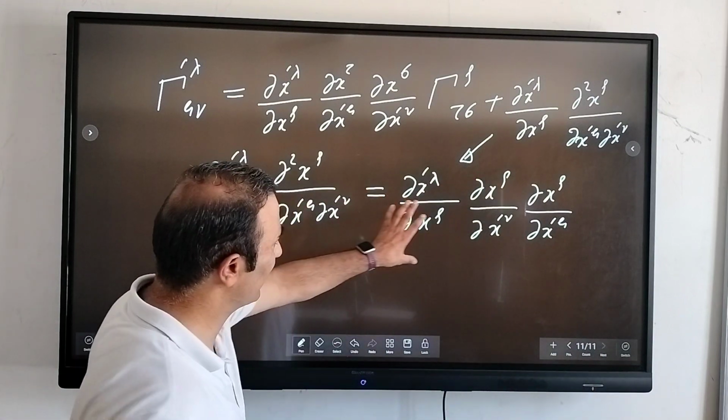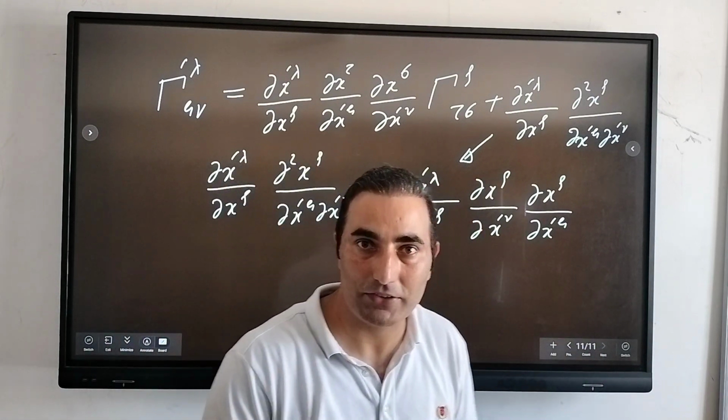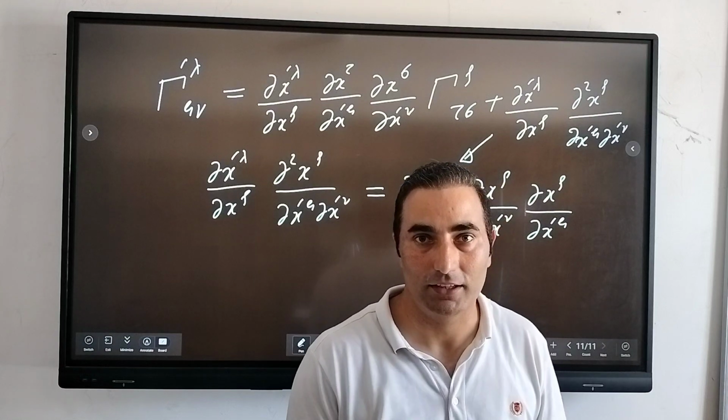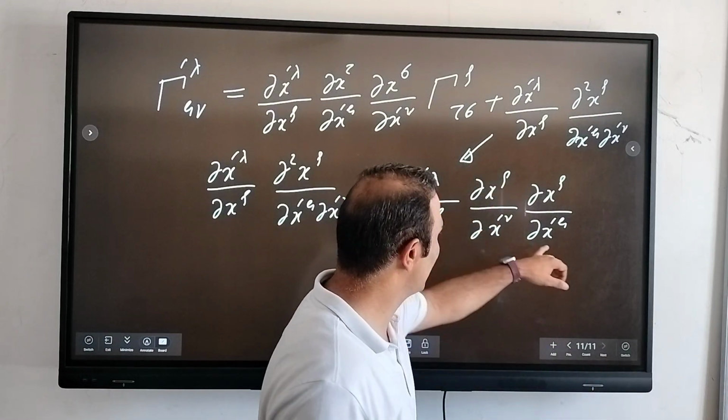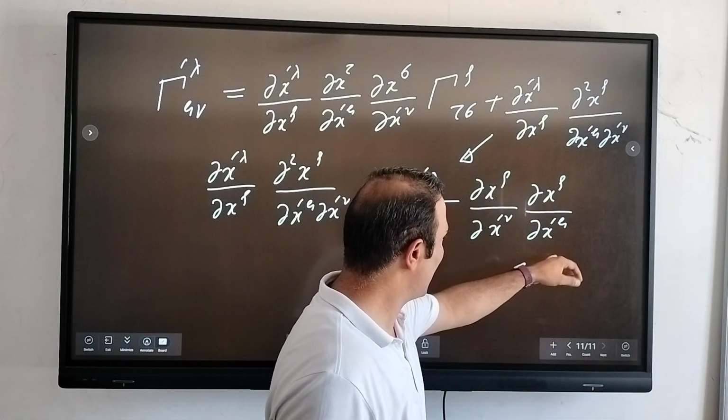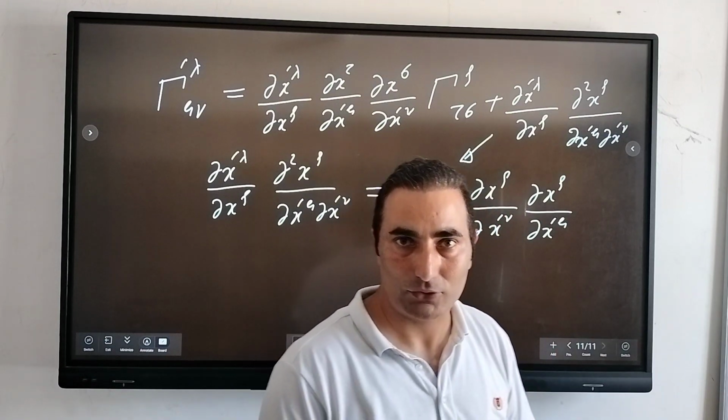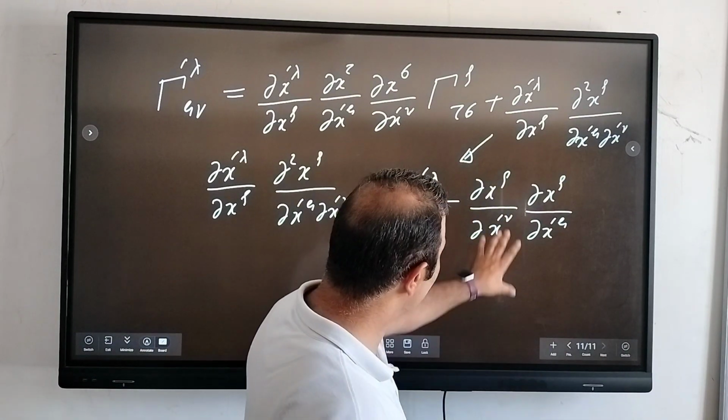So this is very clear. Here, because these differentials commute with each other, I can take this differentiation and then this, or this and then this. So differentials commute with each other, right? So I can write it this way.